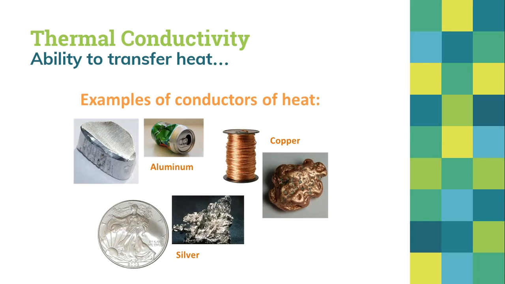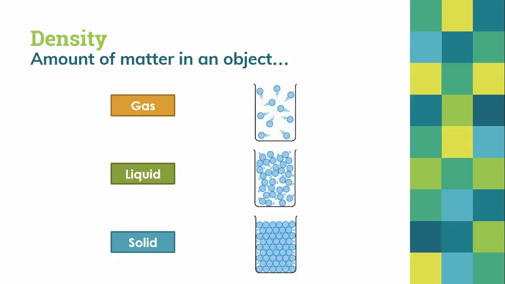Right here we have a few examples: silver, aluminum, and copper, which we usually find in kitchen utensils for cooking because of their good conductivity, but also in many electrical materials as well. Most metals are thermal conductors.